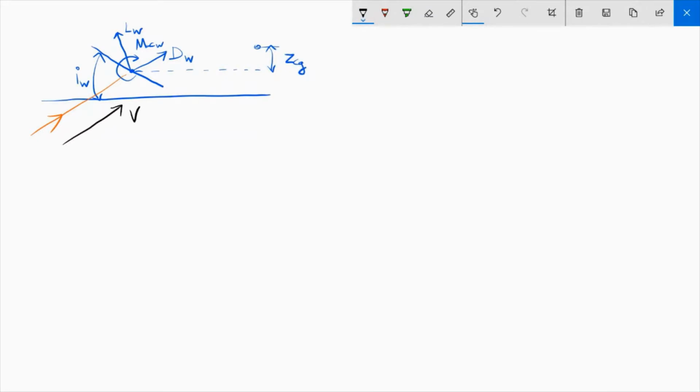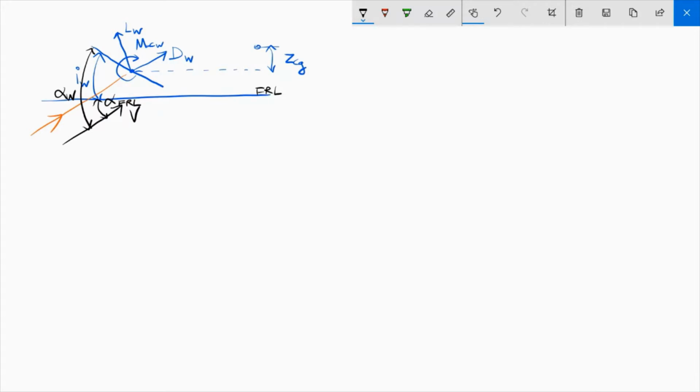Okay, so this is the free stream velocity, and the angle formed between this relative wind and the chord line is the angle of attack. So this is alpha W, and the angle that the fuselage reference line makes with the relative wind is alpha FRL.